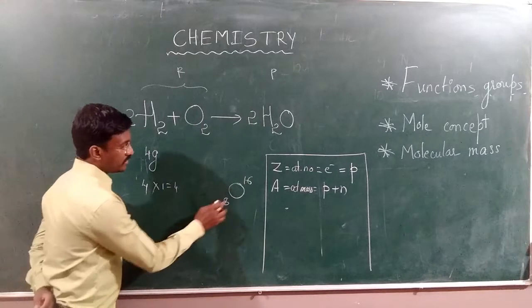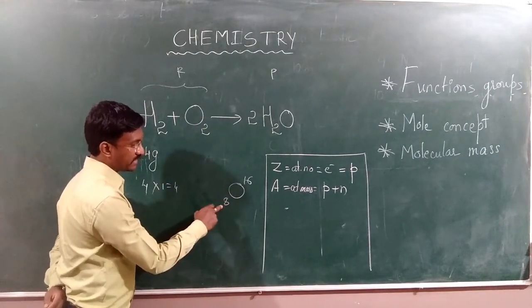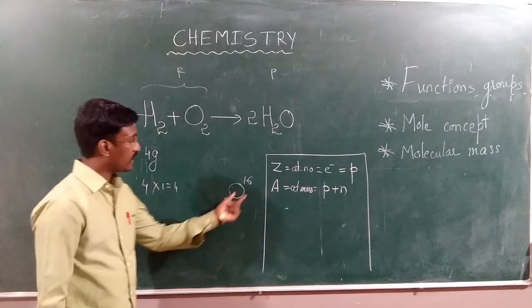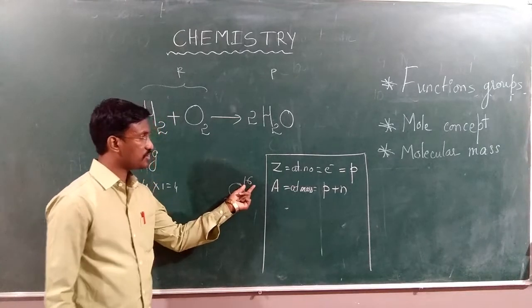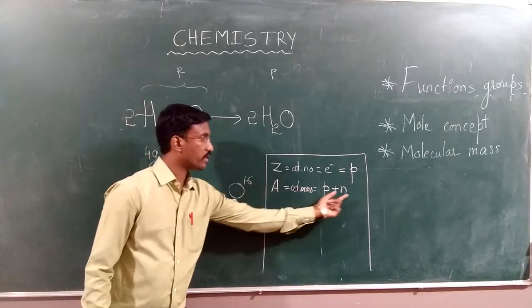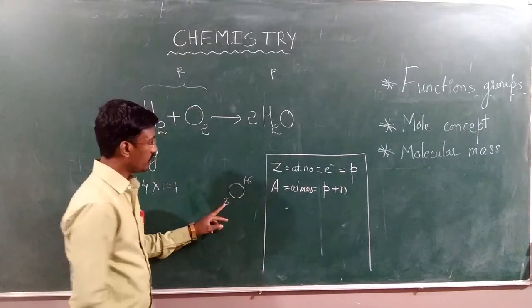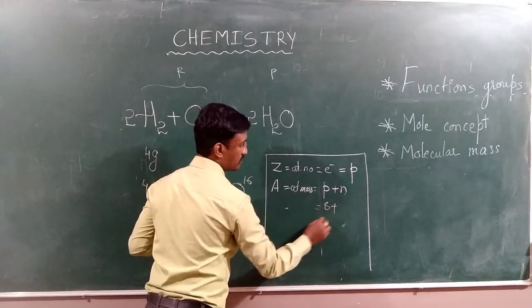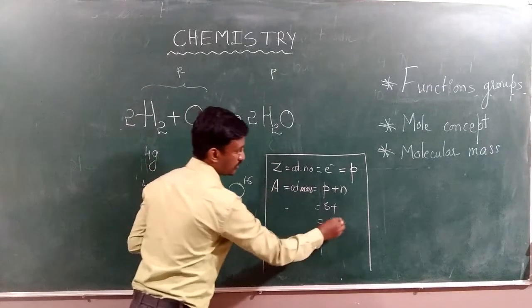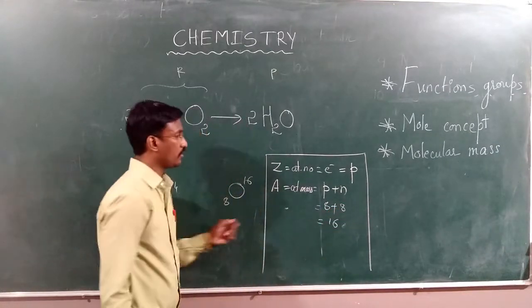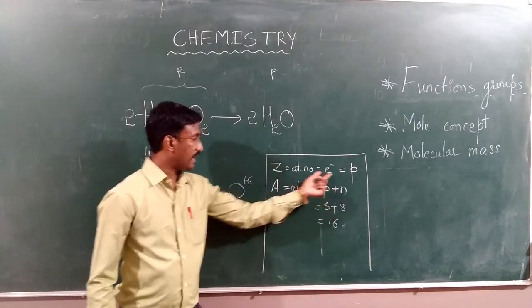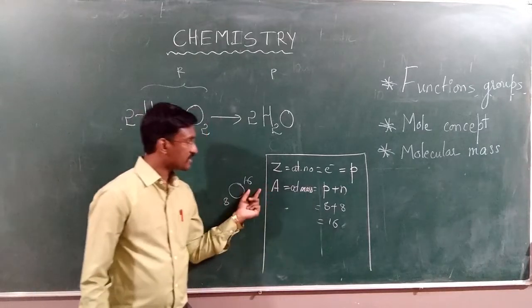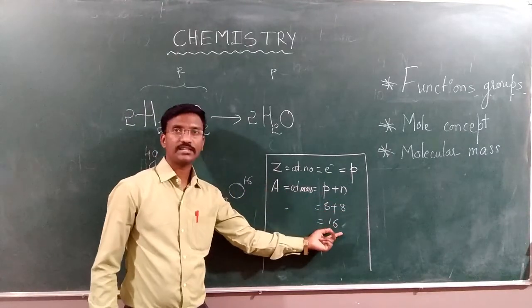Therefore, oxygen has atomic number 8. It means oxygen contains 8 electrons and also 8 protons. Similarly, the atomic mass of oxygen is 16. It means protons and neutrons together are 16.